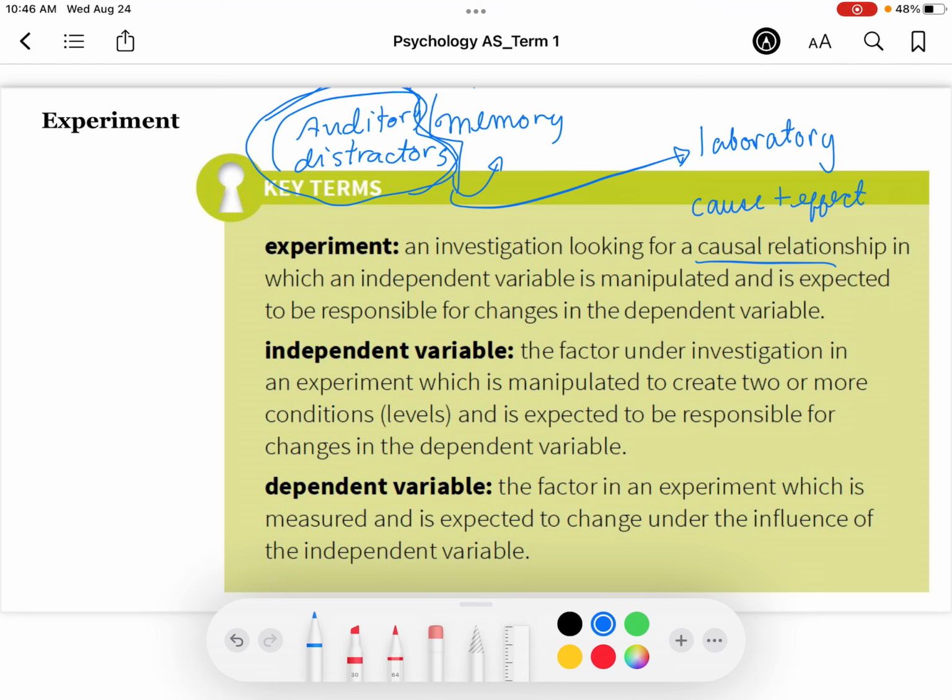That's why, yes, in most cases, experiments are done in laboratory, even in psychology, so that you can establish the cause and the effect. What causes, for example, auditory distractors causes or impedes or decreases memory or recall or retention. That's an example, right? So that is an experiment.